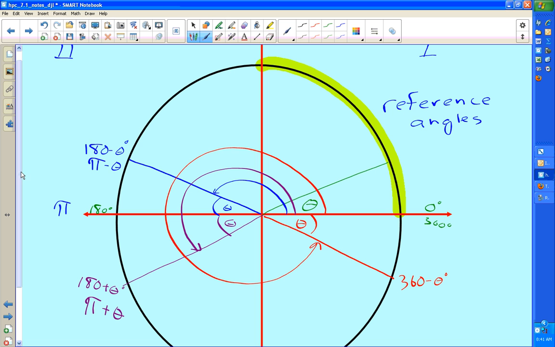So we're going to be 2 pi minus theta. And those are radian measures. If theta is in radians, that's how you get to quadrants 2, 3, and 4. Everybody good on that?